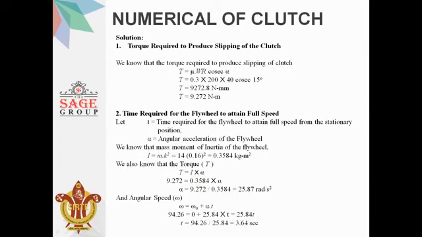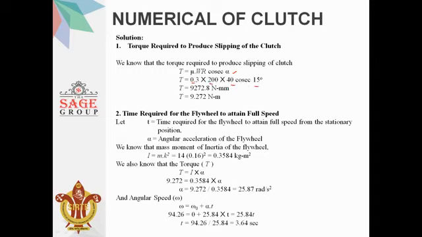Now let's start with the numerical. So solution. First we identify the torque required to produce slipping for the clutch. Now we know that the torque required to produce slipping of the clutch is T is equal to mu W R cosec alpha. So here we have given the value of mu, W, R and cosec alpha.